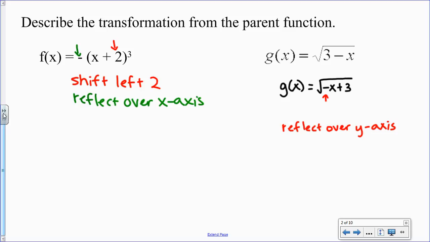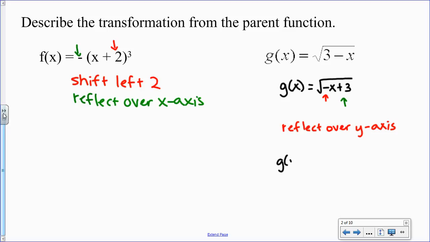All right, but then I see I have this plus 3. So we know we move horizontally, and we want to say that we move left 3 because we know when it's on the inside, it's the opposite. However, when you do your translations, your horizontal translations, if the x is negative, then you got to think about that it's actually the opposite of this 3, and I'll show you why in just a minute.